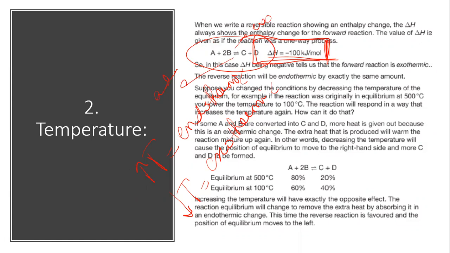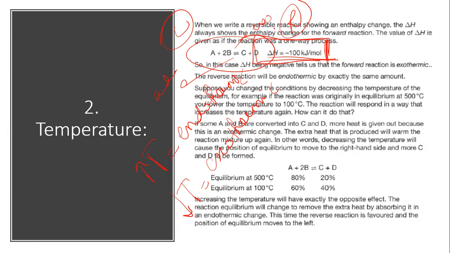So if I increase the temperature, the reaction will go to the endothermic side, the backward side, so it shifts towards the left. If I decrease the temperature, the reaction will go towards the exothermic side, the forward side, so it shifts towards the right. So this is how temperature works. Making sense?